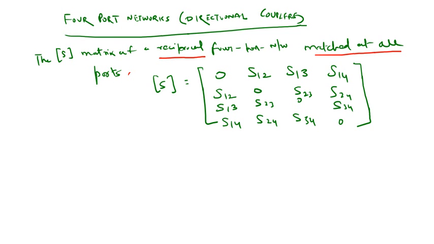If the network is lossless, there are 10 equations that result from the unitary or energy conservation.